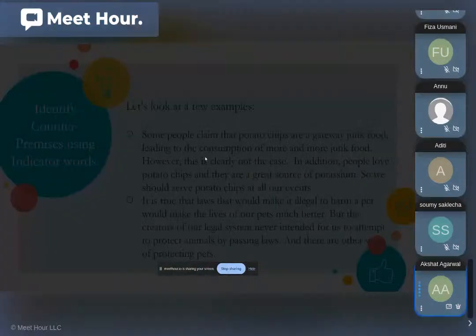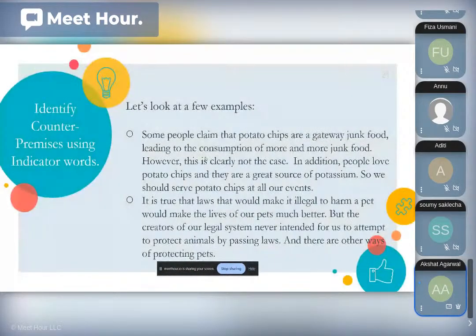Right. So let's just take a look at these examples. Let's focus on the first example. Some people see potato chips as a gateway to junk food, leading to consumption of more junk food, blah, blah, blah. So the author's initial position is that potato chips lead to more junk food and all of that. However, this is clearly not the case.